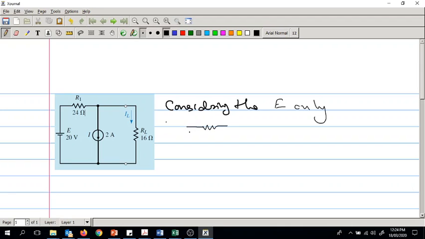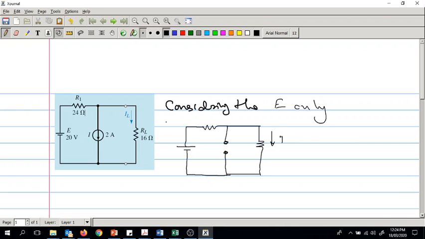I'm going to draw the equivalent circuit after removing I. We have E here, and I'm going to draw it like this to indicate that we have removed the current source, and then we have the load resistor of which we want to find the current.